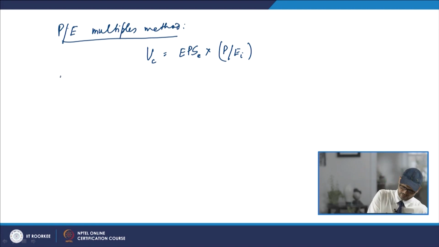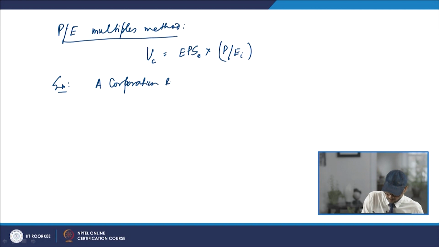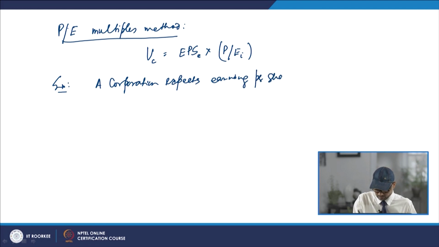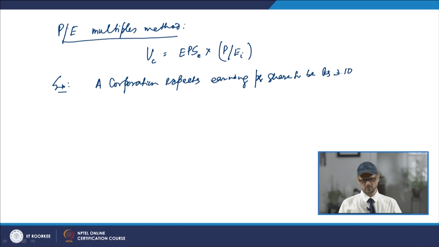Suppose you have a train service corporation, and the corporation expects its earning per share to be rupees 3.10.